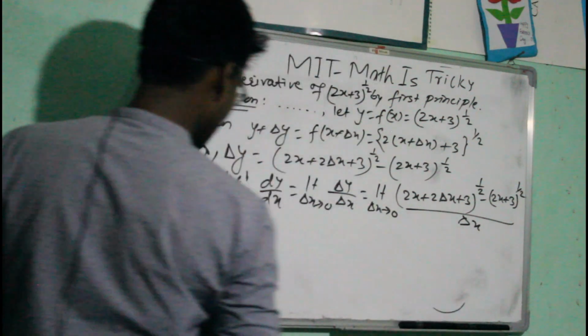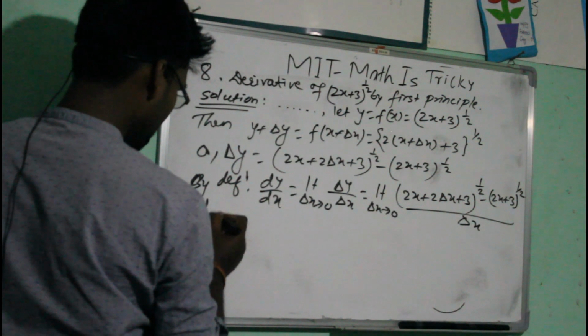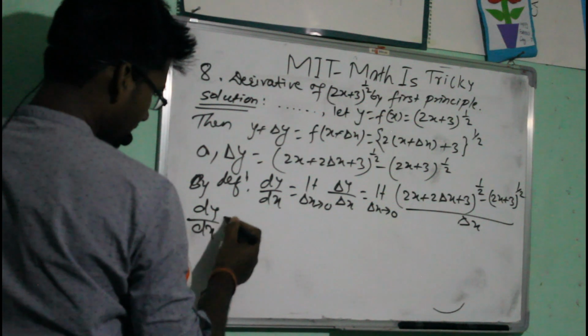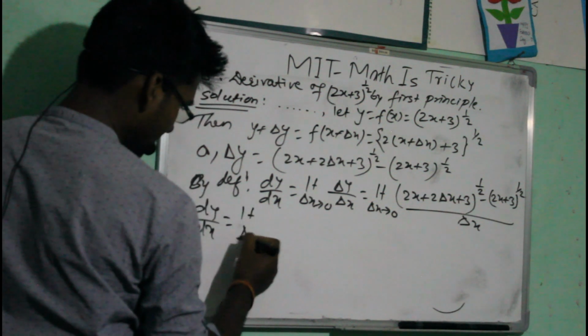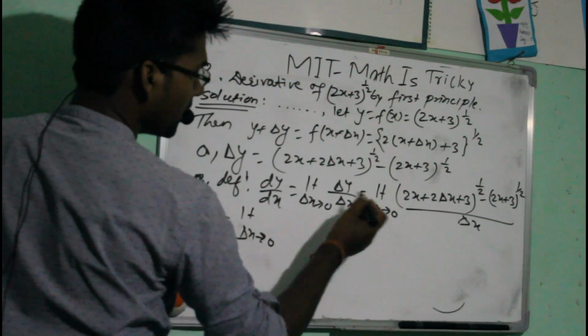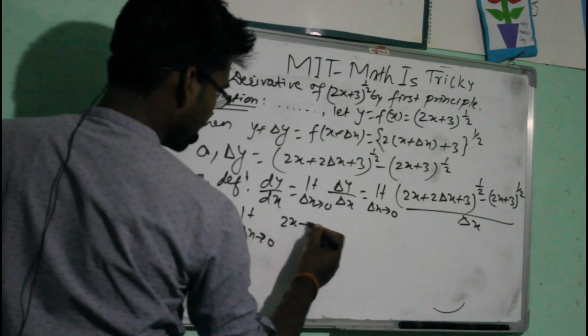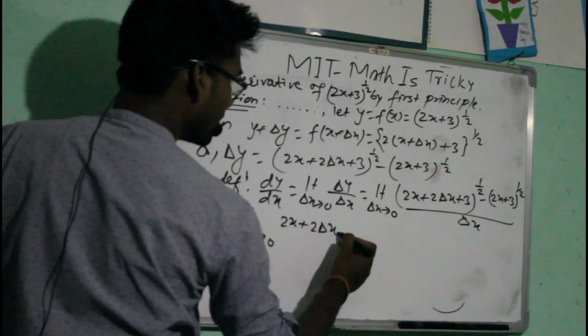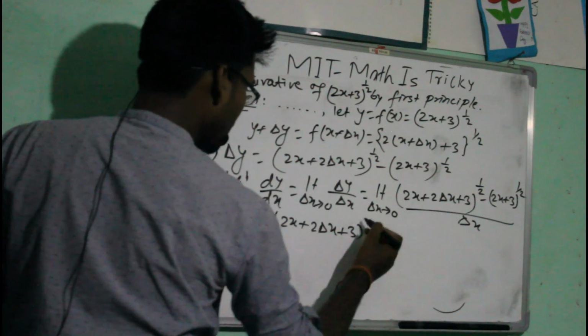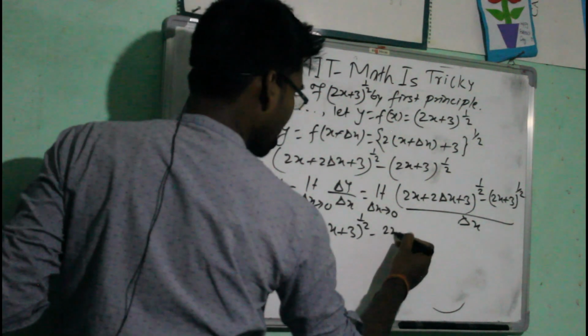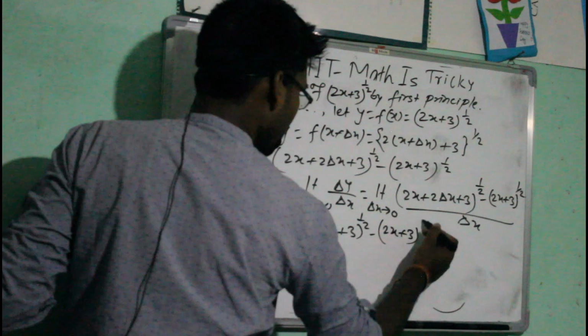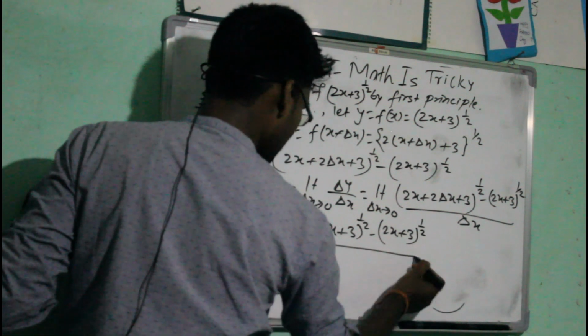So now let's change the denominator so that we can use the formula. So dy by dx equals limit delta x tends to 0, (2x plus 2 delta x plus 3) whole power 1 by 2 minus (2x plus 3) power 1 by 2. Now write the denominator.